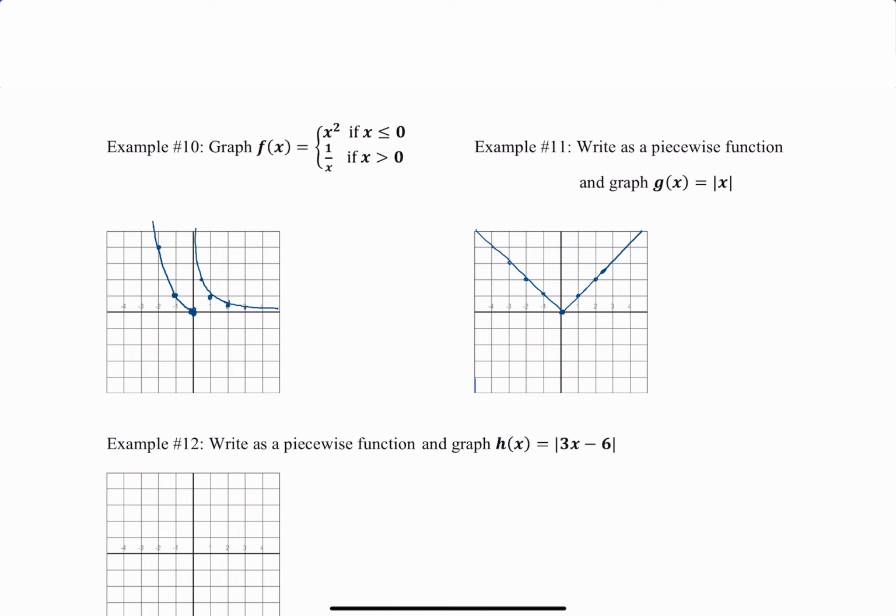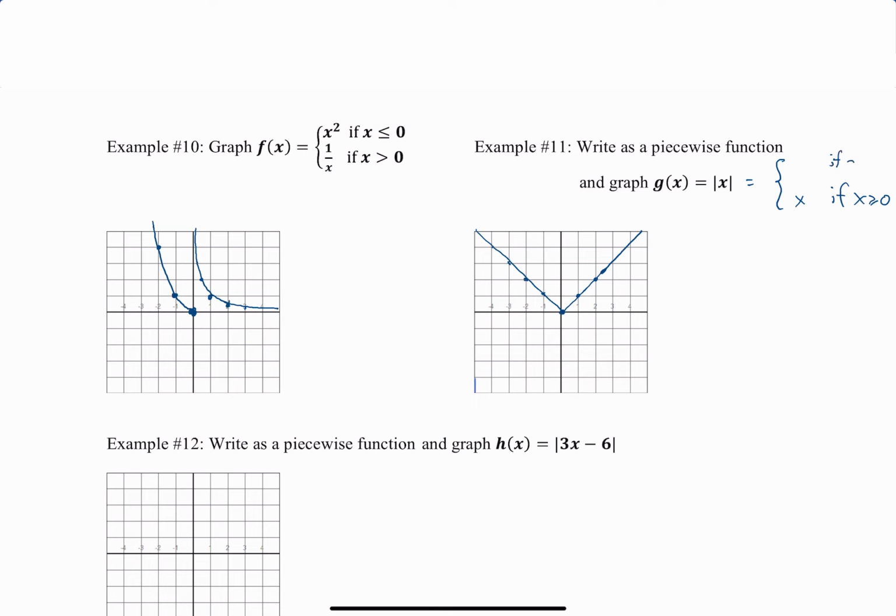Well, one of the ways of describing absolute value is to say if x is greater than or equal to 0, in other words, if the thing inside the absolute values is greater than or equal to 0, then the function output is just whatever was inside the absolute value bars.